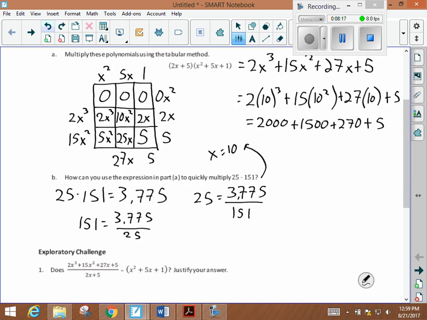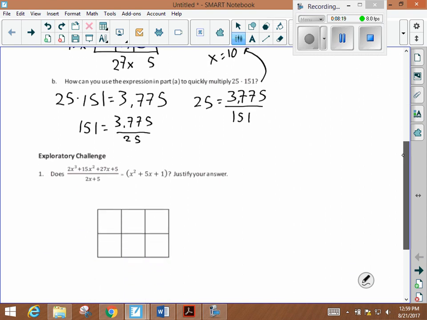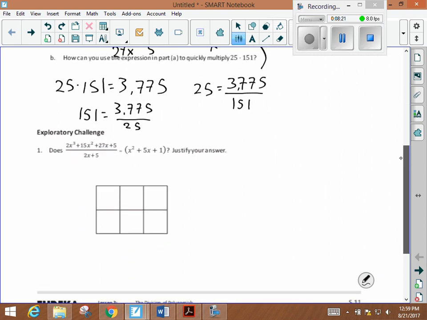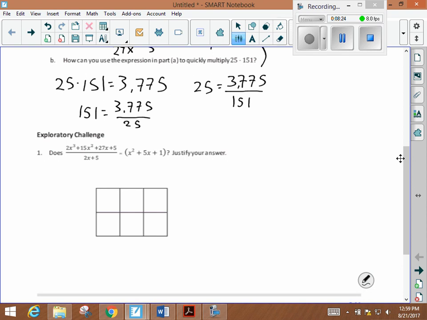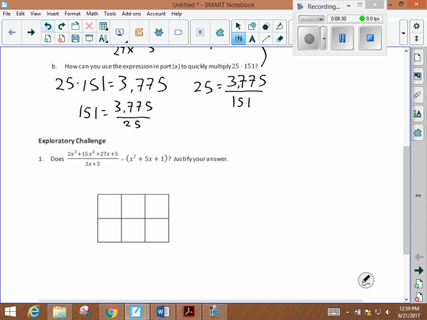As long as I don't screw up this board here, we're good. So, the next thing that we're going to need to do is undo moving that. Here we go. Does 2x cubed plus 15x squared plus 27x plus 5 divided by the quantity 2x plus 5 equal x squared plus 5x plus 1?